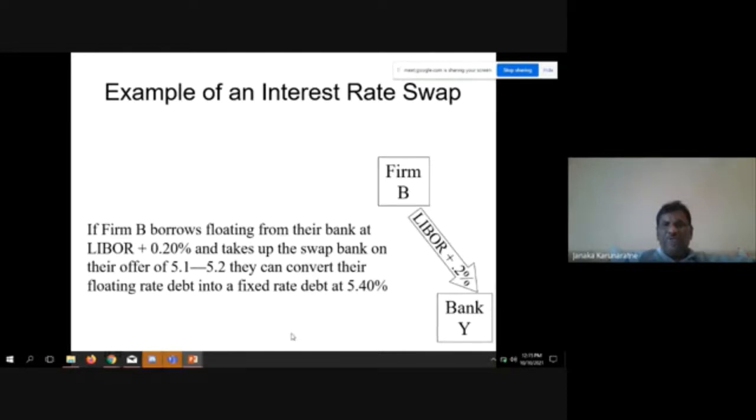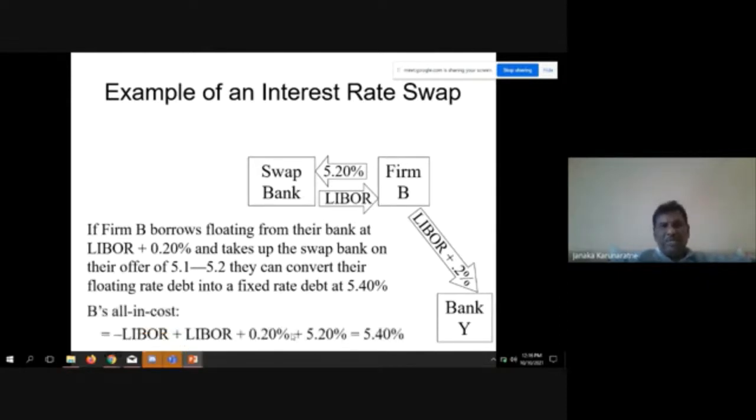So I will borrow from bank Y at LIBOR plus 0.2%. I will go to the swap bank and the swap bank will give me LIBOR and I will give them 5.2%.